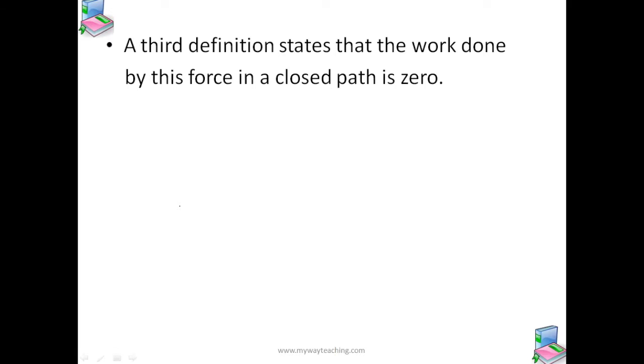As we just saw, K plus V of x is constant, that is Ki plus V of xi is equal to Kf plus V of xf, so the work done in a closed path is zero.